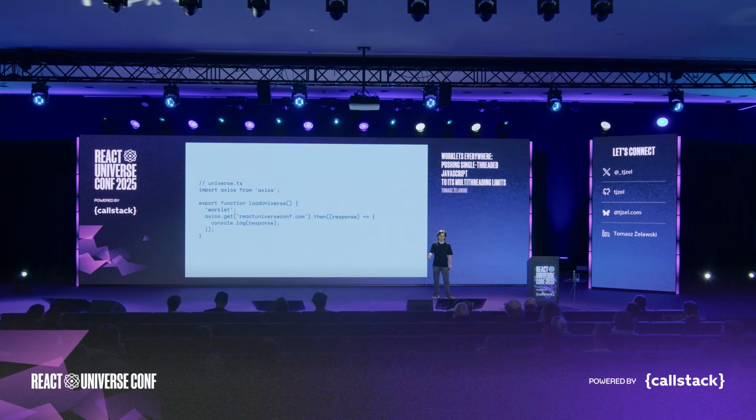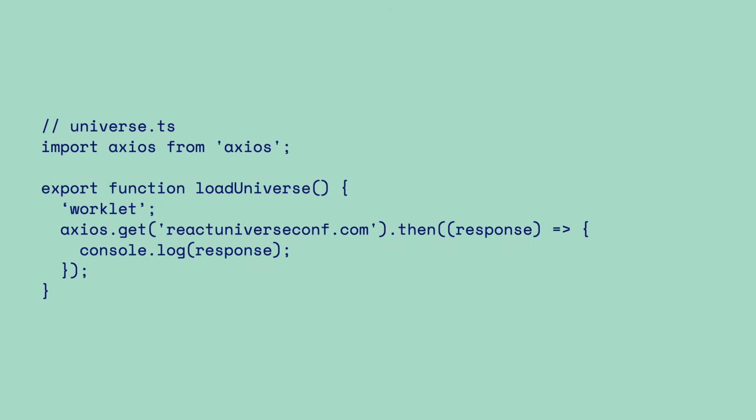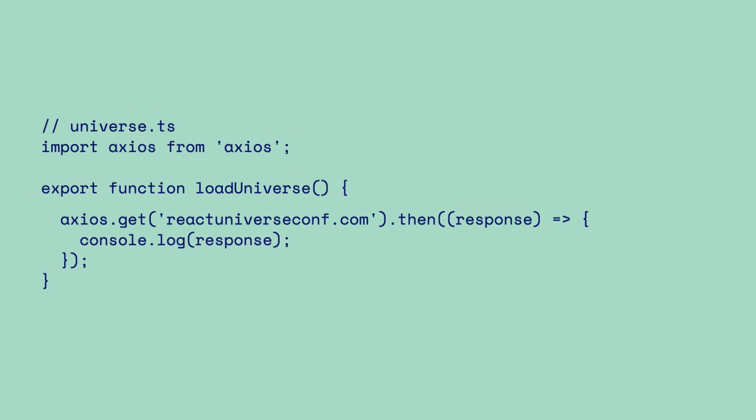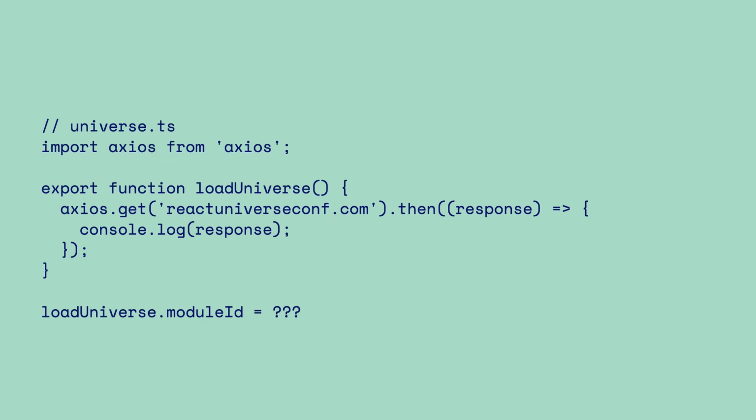Well, again, we go back to the worklets Babel plugin, and we do a simpler transformation this time. We add a property to our load universe function, which is going to be its module ID. All right, but how do we get the module ID at this point?